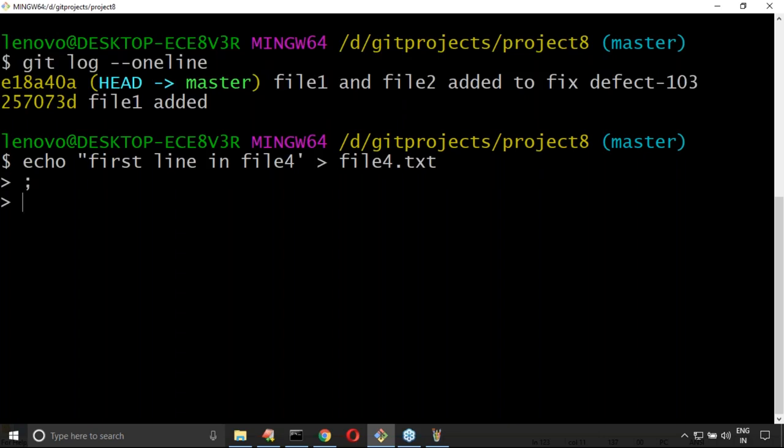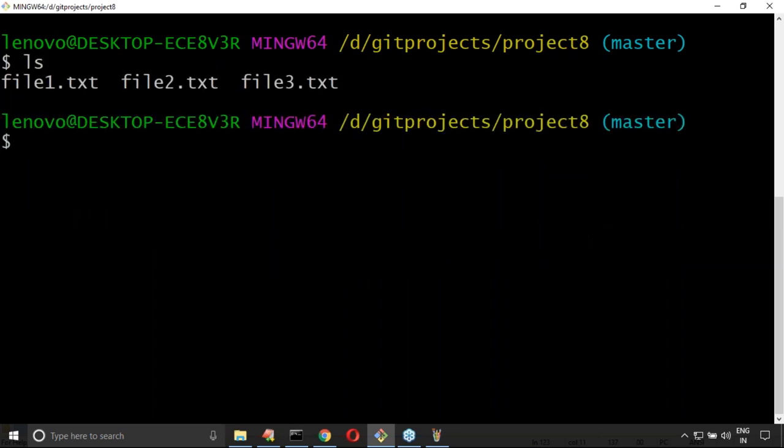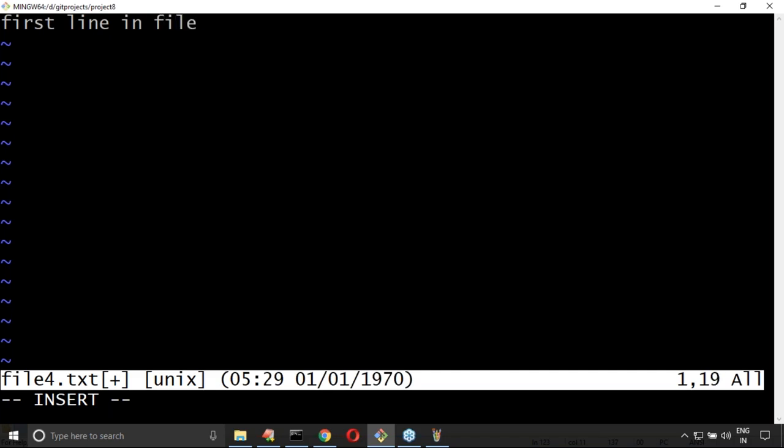Why is it asking about this? Echo file 4 should be redirected, right? File 4 not created. Vi file 4.txt, first line in file 4.